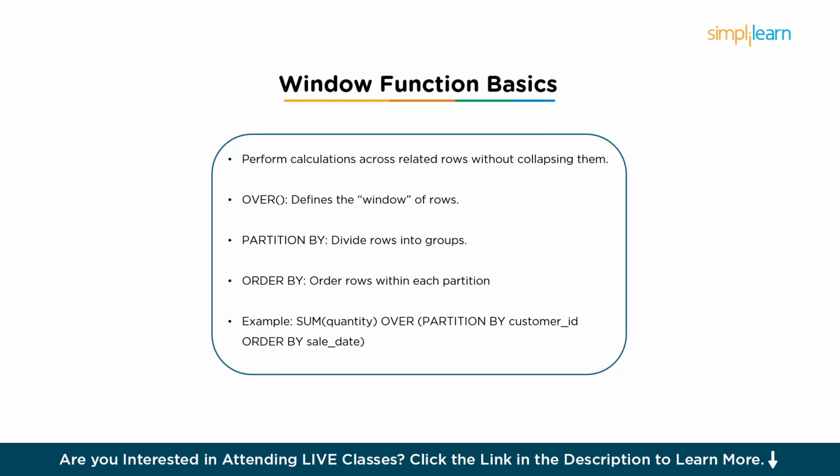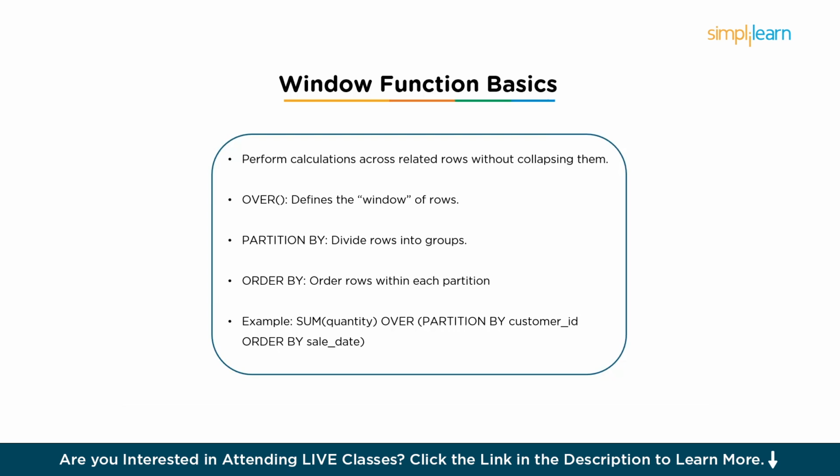The core syntax of any window function involves a function name followed by an OVER clause. The OVER clause is where you define the window, or set of rows, over which the function will operate. This is the magic behind window functions, as it tells SQL which rows are considered related for the current calculation.